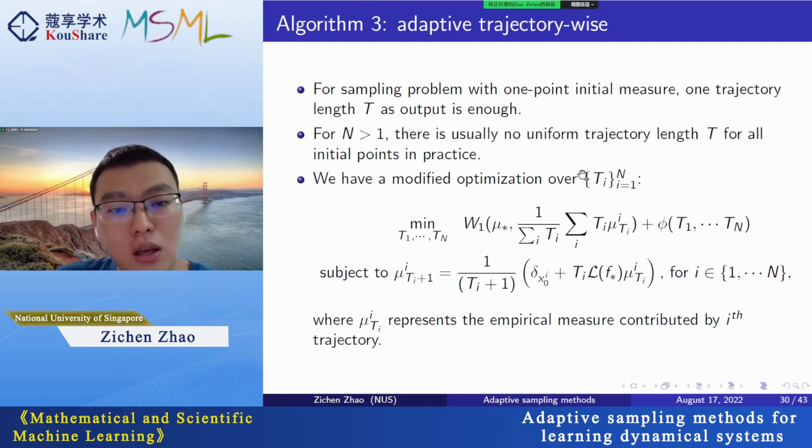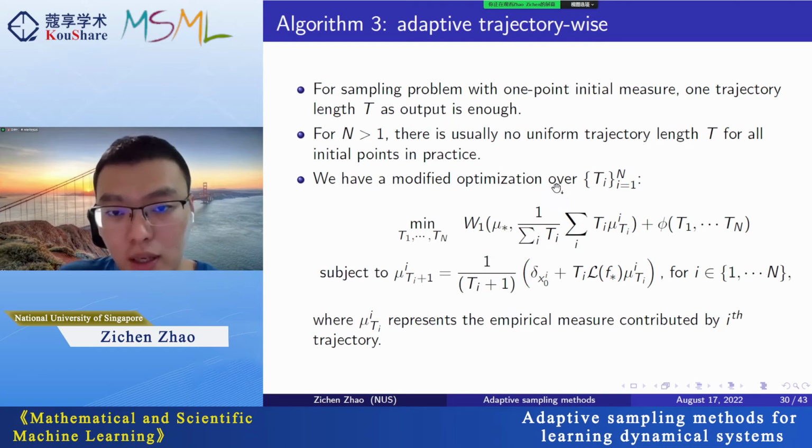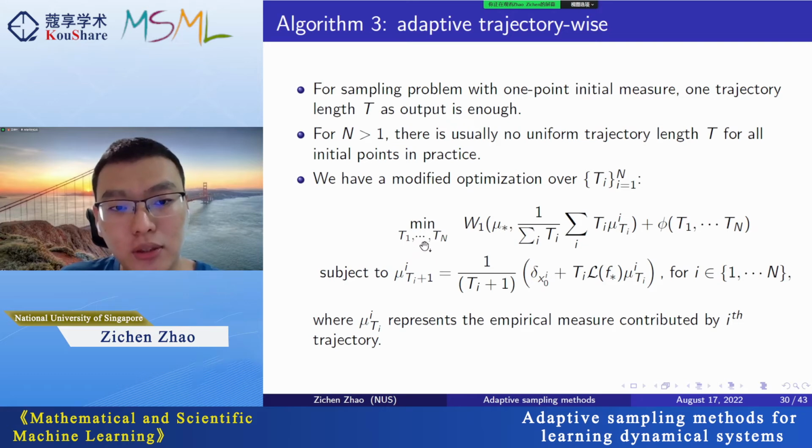So in this case, we can modify the original optimization problem: the original one is only over one T, but now we modify it over all the initial points. So we get T1 to Tn.